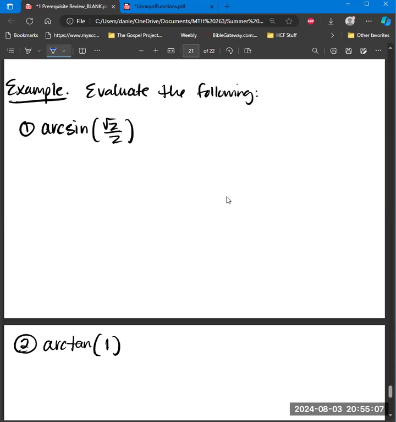So what I'm asking here is, if arc sine of this is always going to equal an angle, sine of what angle equals root 2 over 2? Well, remember arc sine is restricted. There should only be one answer here. So we should be in quadrant 1 since we have a positive sine value. So there should be pi over 4.